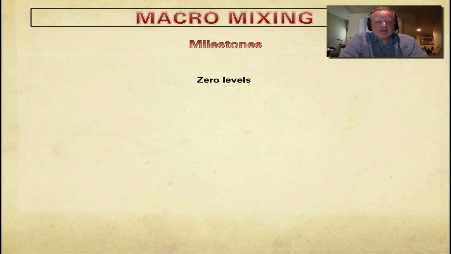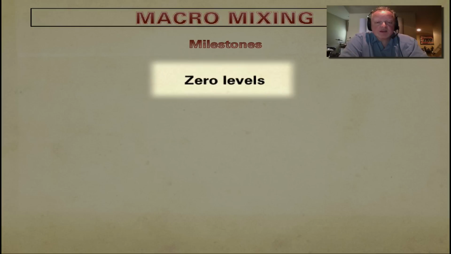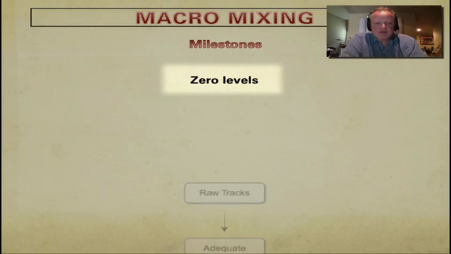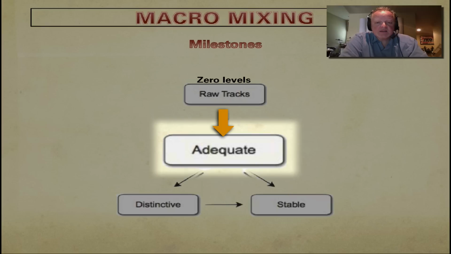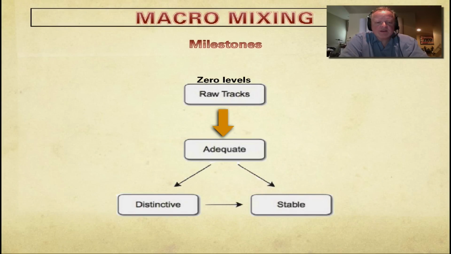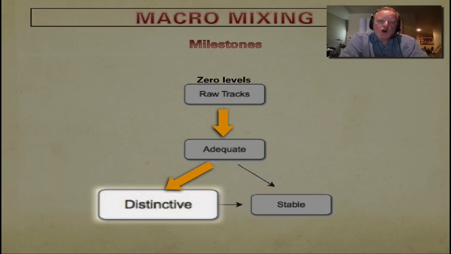When we mix, we should set ourselves some milestones. Now, with our previous project, we have already started by zeroing the levels, and we created an adequate mix. That means it's a nice blend. But what we're trying to do is get from adequate to distinctive. That means all the sounds have a place in the mix.